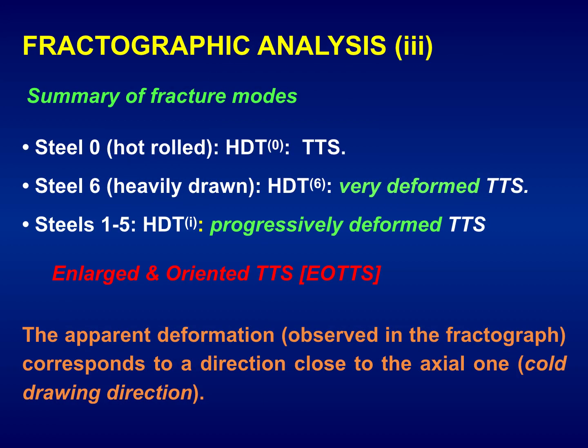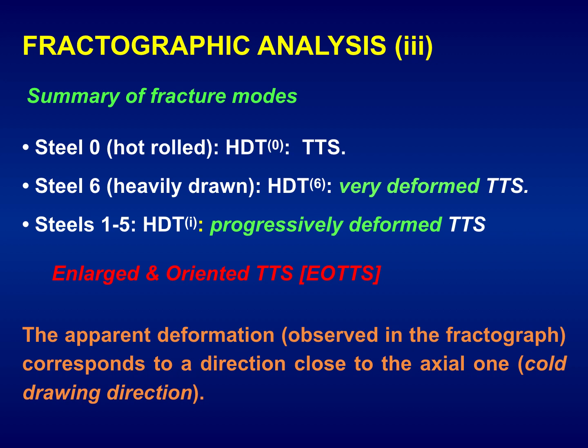The summary of fractographic analysis, summary of fracture modes: in steel 0, hot rolled, 0 degrees of cold drawing, not cold drawn at all, we have hydrogen damage topography, HDT 0, in the form of tearing topography surface, TTS. In steel 6, heavily drawn, commercial prestressing steel, we have HDT 6, very deformed TTS.